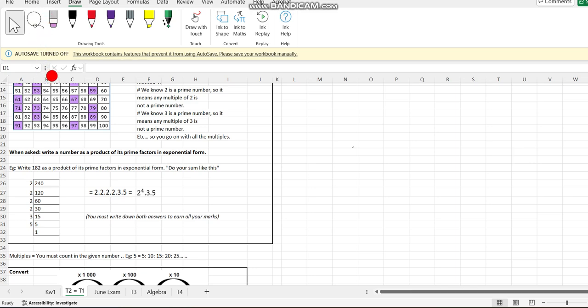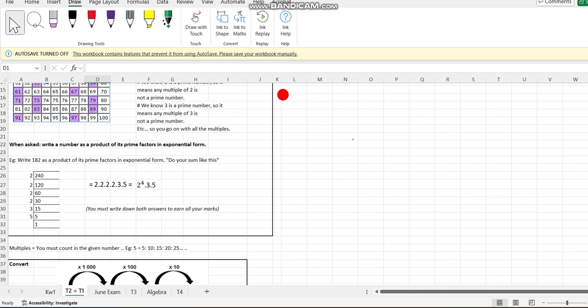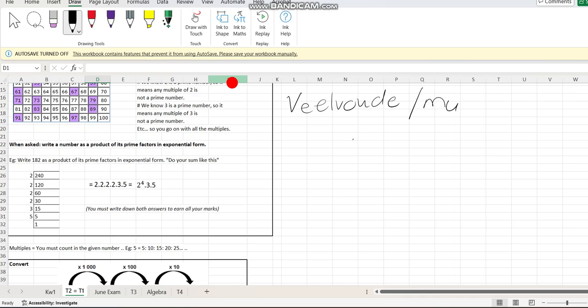So the following word is in Afrikaans veelvoudig, or in English, multiple. What does this word mean? If I ask you, give me the multiples of 50, right? That's the question. You're going to write it like this.